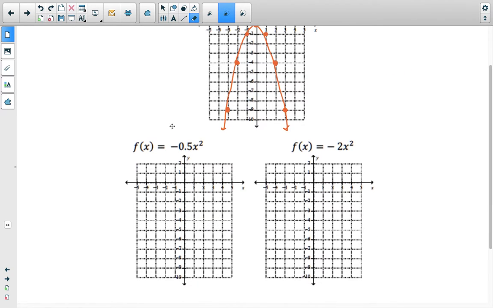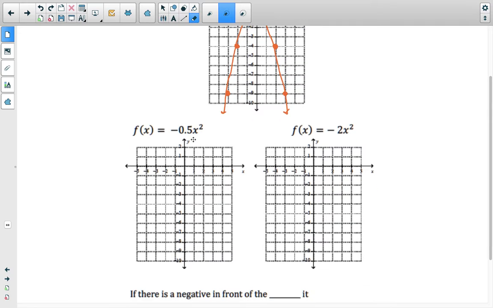So if our a value is a negative half, we know that graph will be wider, or the y values will go slower as it's growing. So the negative will most likely make the y values change signs to become negatives. Let's look at that. We know that 0 squared is 0, times anything is still 0. We know that 1 squared is 1, but we have to multiply by a negative half.